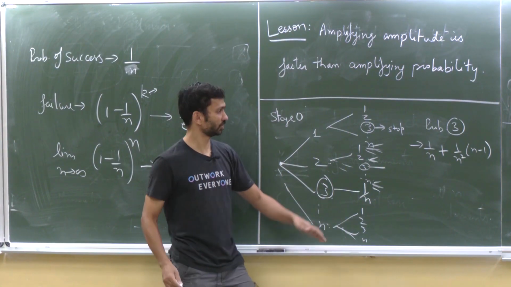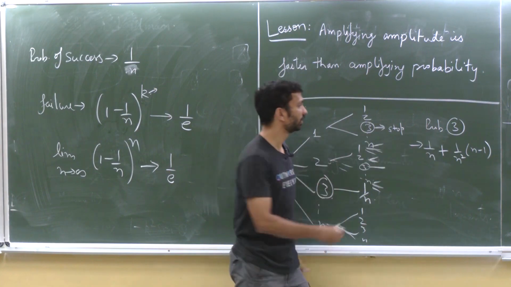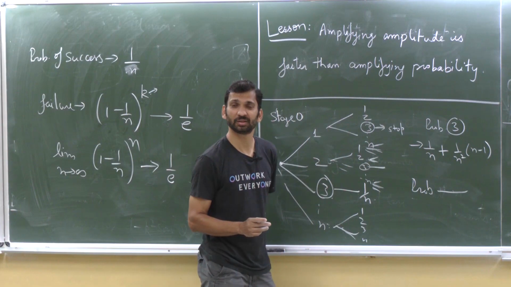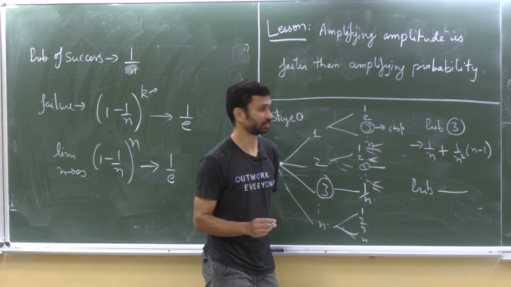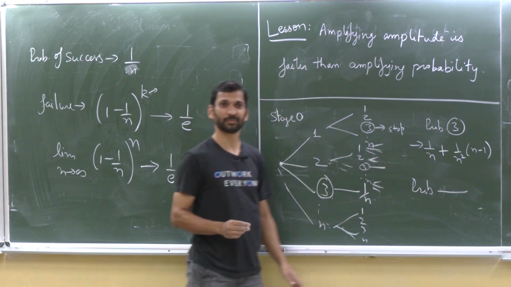So this is my probability that I get 3. Probability of anything else is 1 minus this, divided by n minus 1 by symmetry.